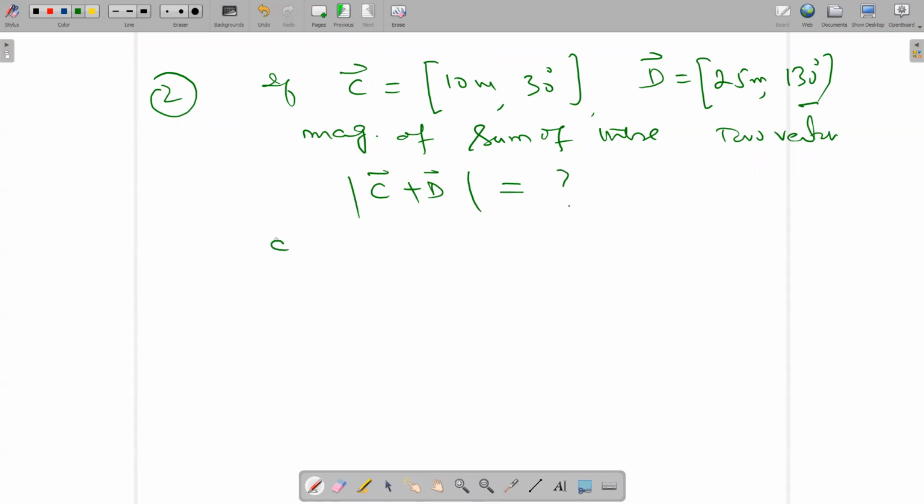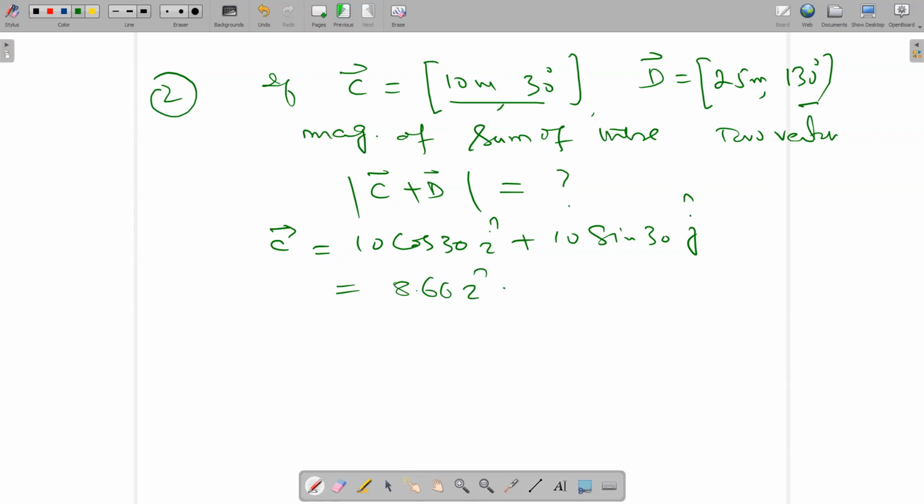First, you will do the same job: C is equal to 10 cos 30 i plus 10 sine 30 j. You can solve this one, and cos 30 is equal to 0.866, so it will be 8.66i, and sine 30 is 1 over 2, so this will become 5j.